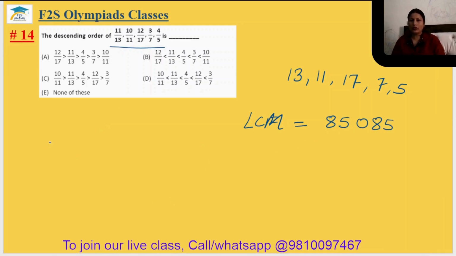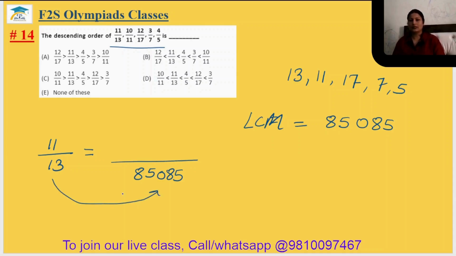Now 11 by 13 should have the denominator 85,085. So 13 multiplied by what equals 85,085? This is 6,545. How can you find it?